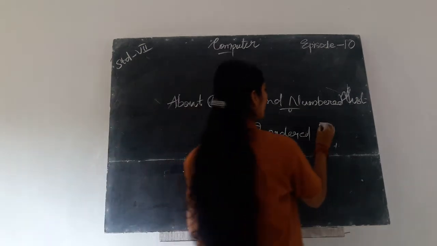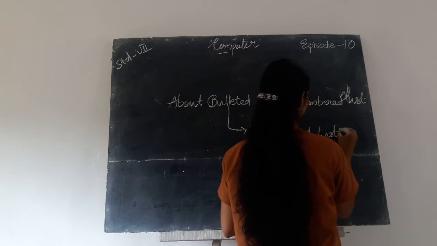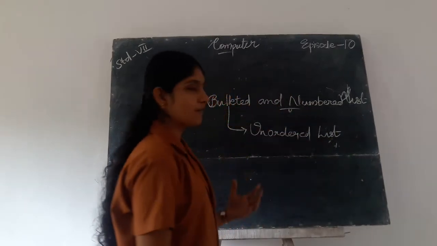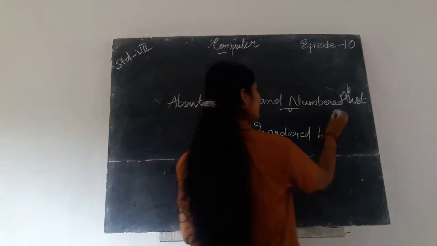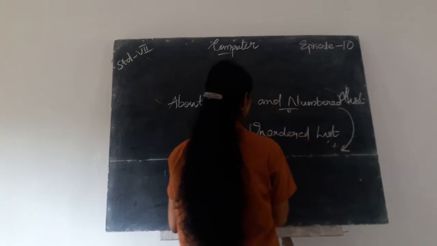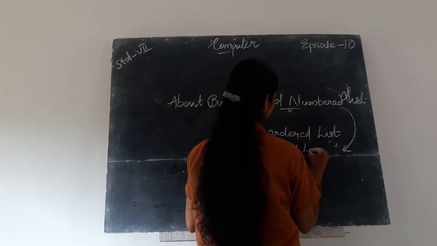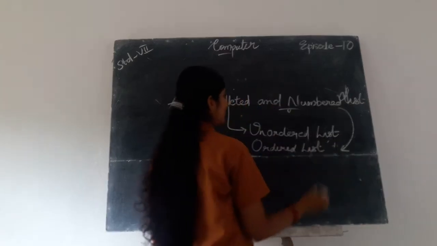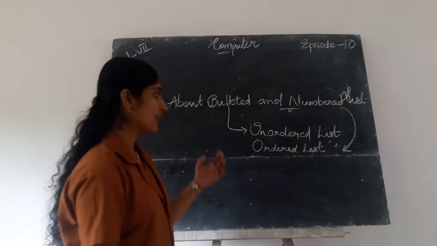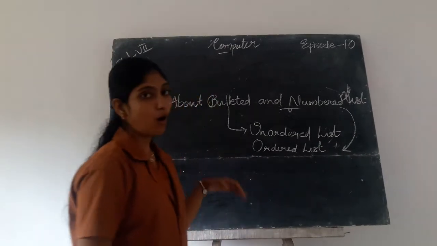So that is unordered list. And numbered list is ordered list. So bulleted list is unordered list and numbered list is ordered list.